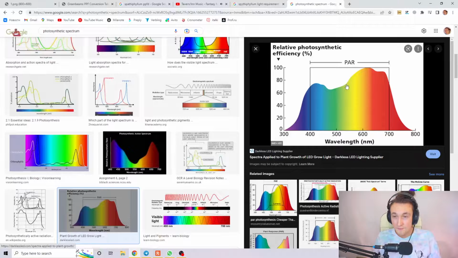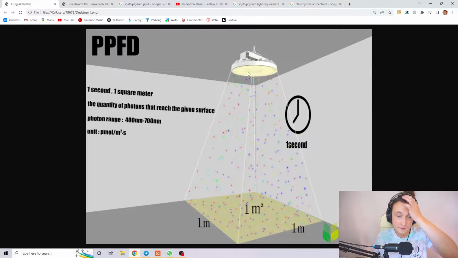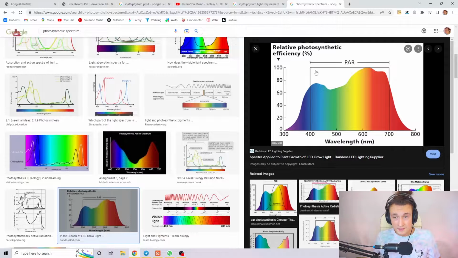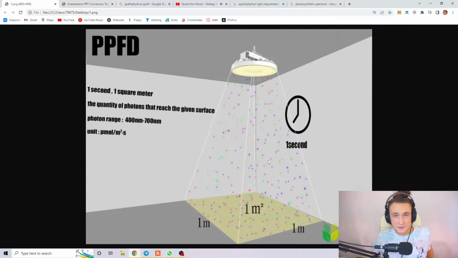And grow lights are designed so they can fit the needs of the plant, there are different photons, red photons, purple photons, and we basically take everything that the plant needs and omit everything that it doesn't. And this is called PPFD, and that's something that you should be looking for when you choose a grow light.